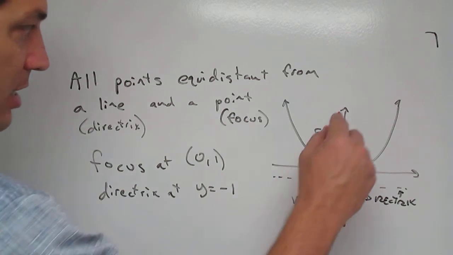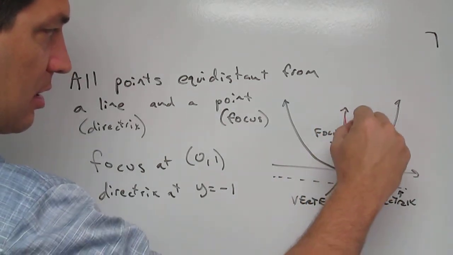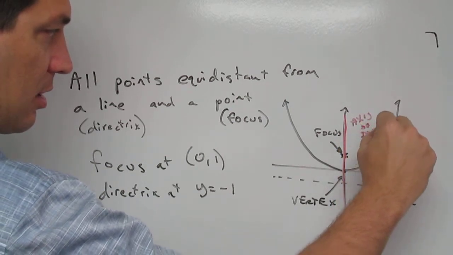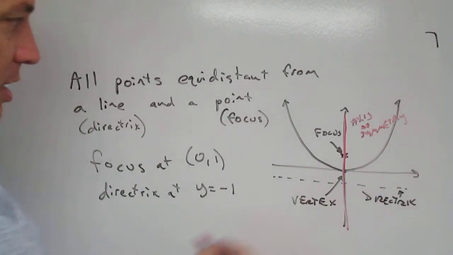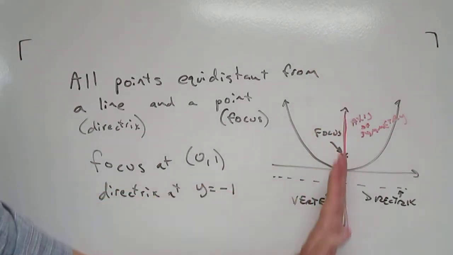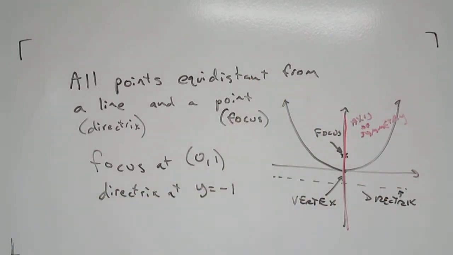Put that in red. Okay. The axis of symmetry obviously is going to be a line of symmetry where it's going to be the same on both sides. Okay. And it will always be perpendicular to the directrix.